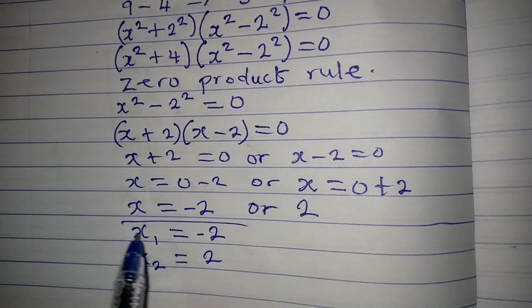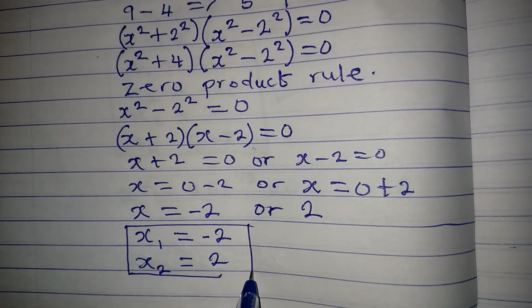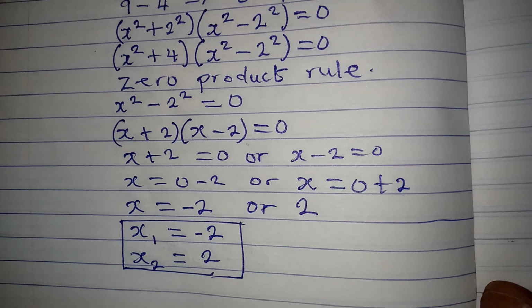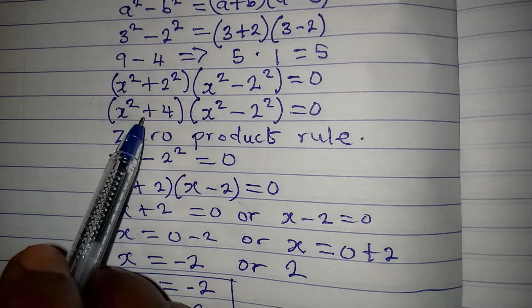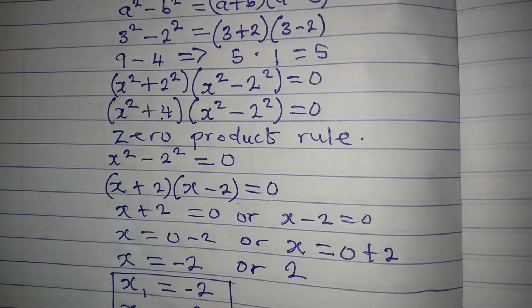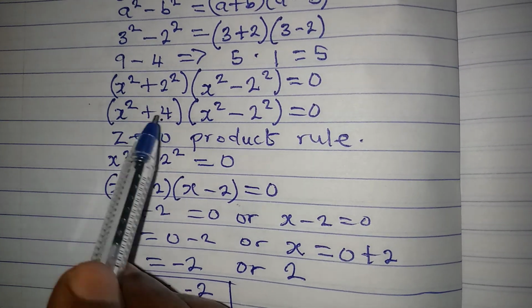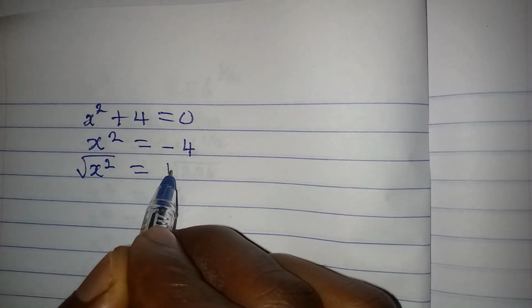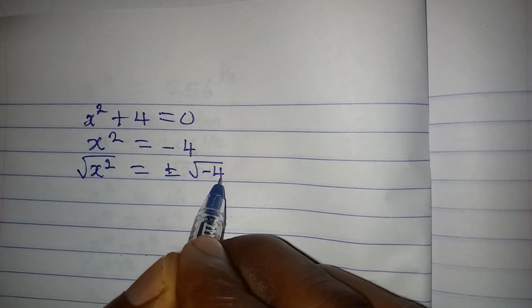Now, we will still continue because we are looking for 4 possible solutions, right? To get the other 2 solutions, we'll go back to this factor here, x squared plus 4. So x squared plus 4 equals 0, meaning that x squared is equal to minus 4, because if 4 goes to the right hand side, it becomes negative. So the square root of x squared will be equal to plus or minus the square root of negative 4.